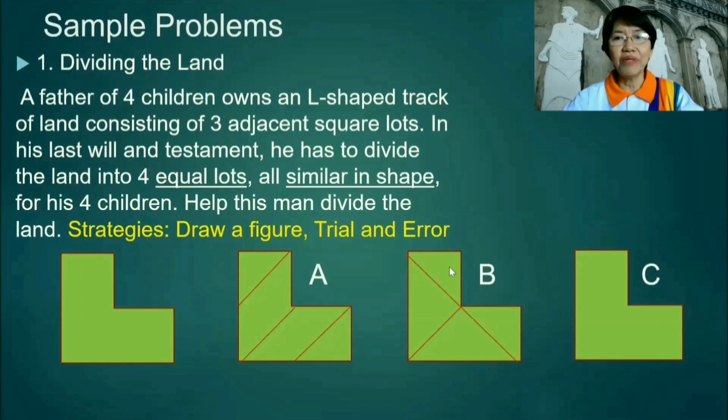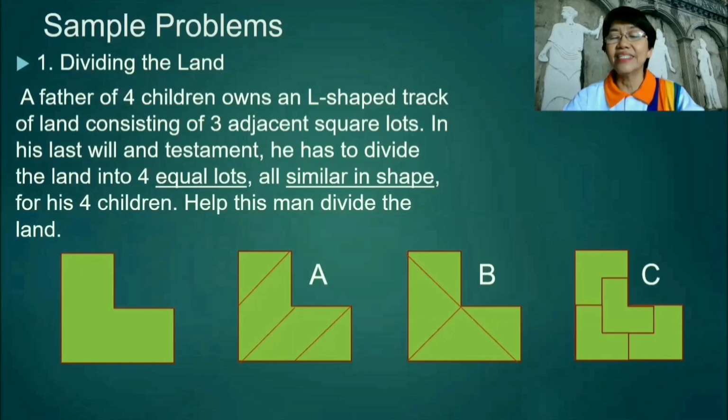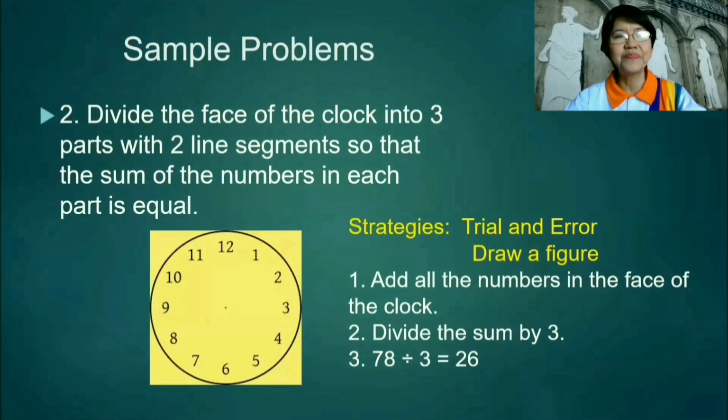So it will not be fair for the other siblings if one gets a smaller area and the other gets a bigger area. So we can try another one. Okay, letter C. If we look at letter C, all lots will be L-shaped and they have the same area. So letter C fits the requirement of the problem, and letter C is our answer.